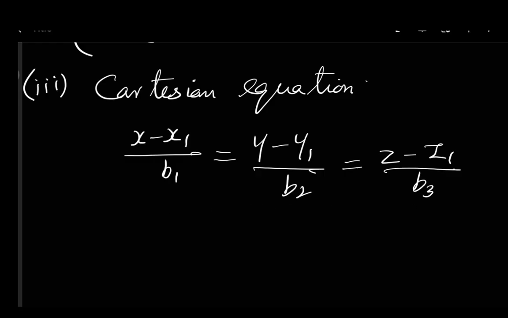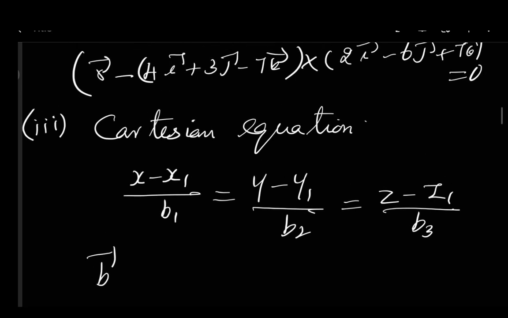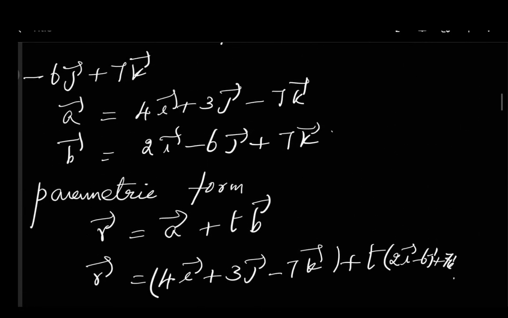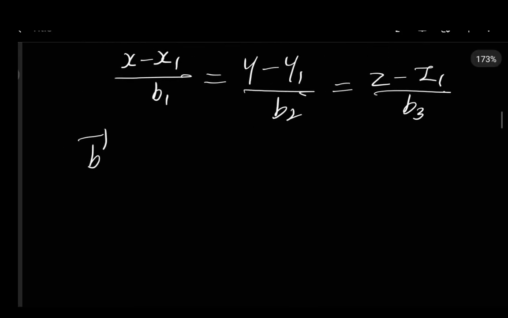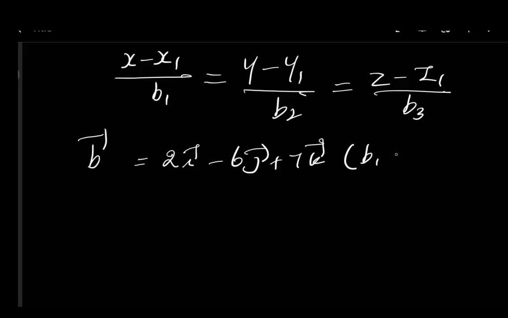They are the terms of the parallel vector. So which is the parallel vector here? b is equal to 2i minus 6j plus 7k. So this is your b1, b2, b3: b1i plus b2j plus b3k. Just take the coefficients.